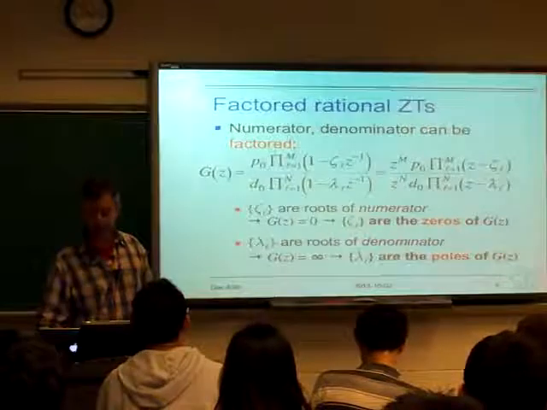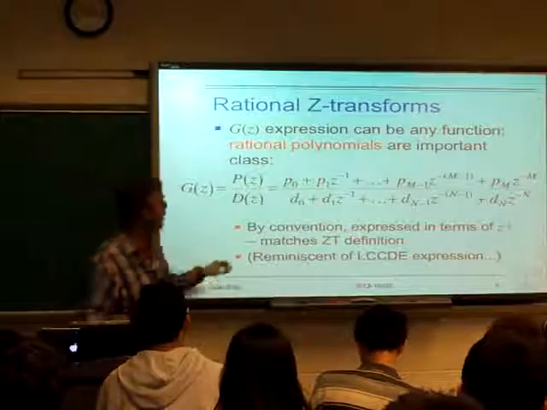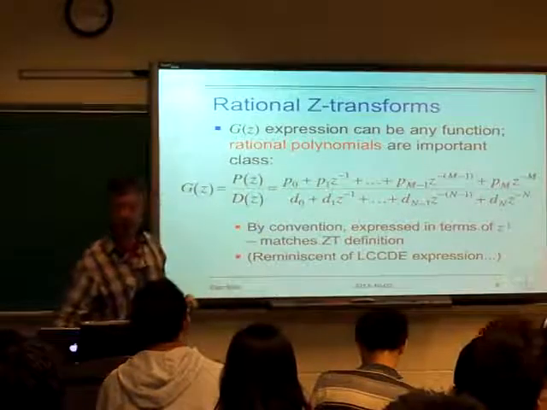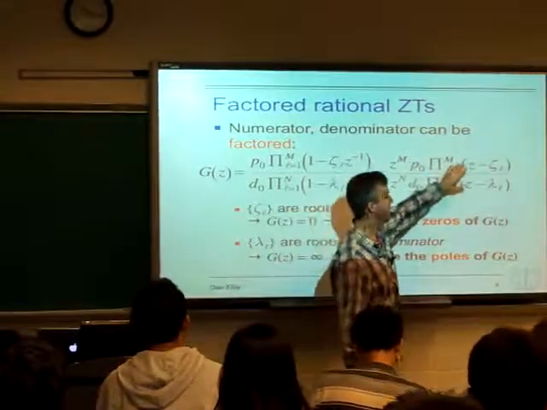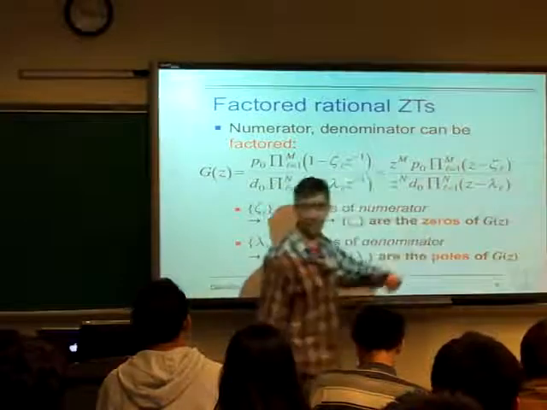Moreover, if we have these closed form expressions, if we can express them as rational polynomials in z, then we can understand those polynomials in terms of their roots.